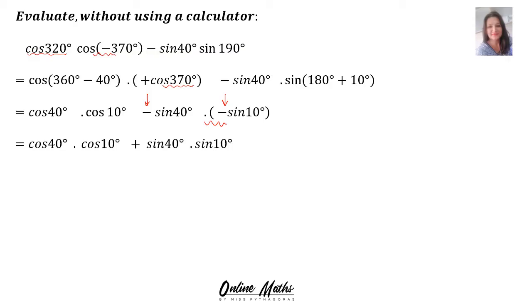Let's spot the pattern. Cos, cos, sin, sin. And then the angles have to be the same: 40, 10, 40, 10. And there's a plus separating them. Therefore, you can write it as cos of 40 minus 10, which is cos 30. And cos 30 is root 3 over 2.